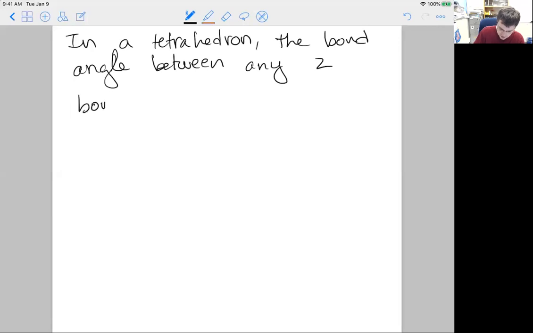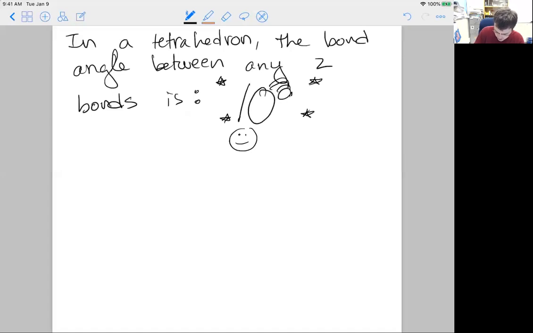Any 2 bonds is stars around this, smiley faces, rainbows, 109.5. Know this number. Know this number.